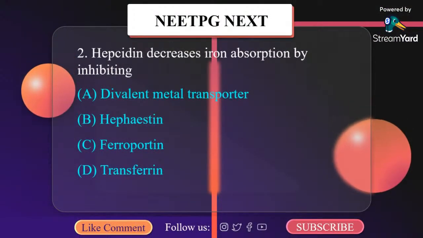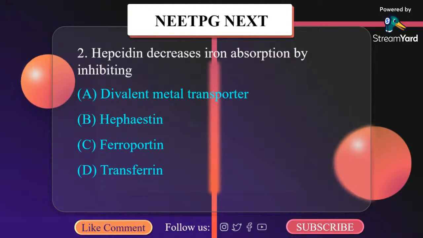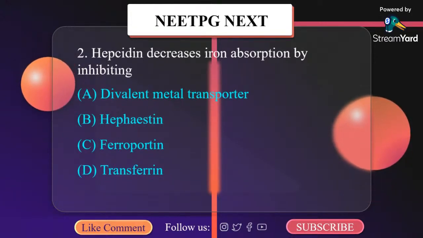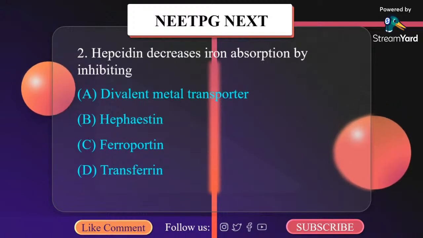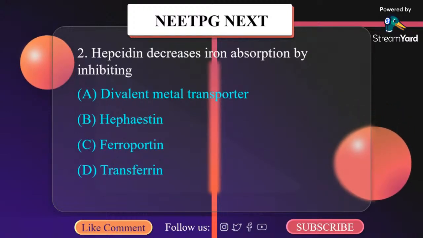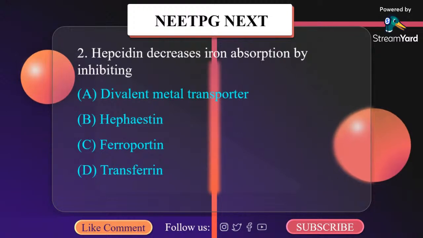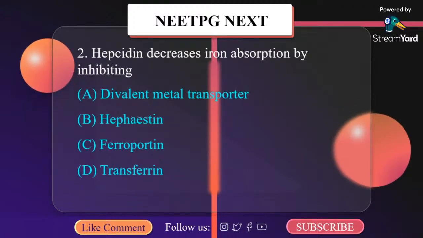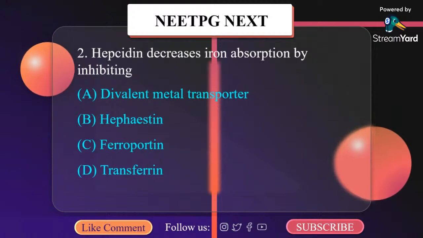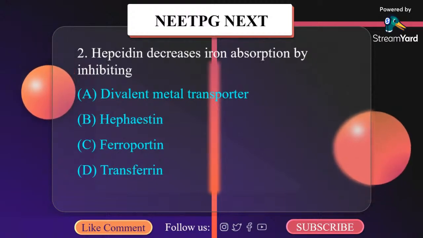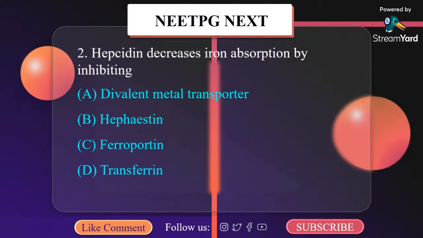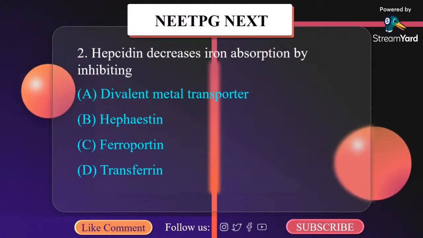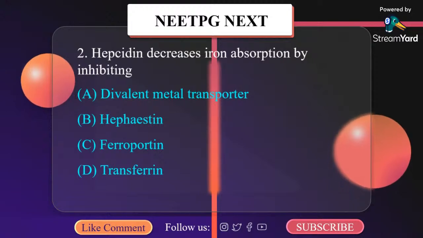Hepcidin decreases iron absorption by inhibiting A. Divalent metal transporter, B. Hep-histine, C. Ferroportin, D. Transferrin. See, hepcidin regulates iron metabolism. It mainly regulates iron entry in circulation. By inhibiting ferroportin, hepcidin reduces dietary iron absorption. The release of iron from macrophages is also reduced by ferroportin inhibition.